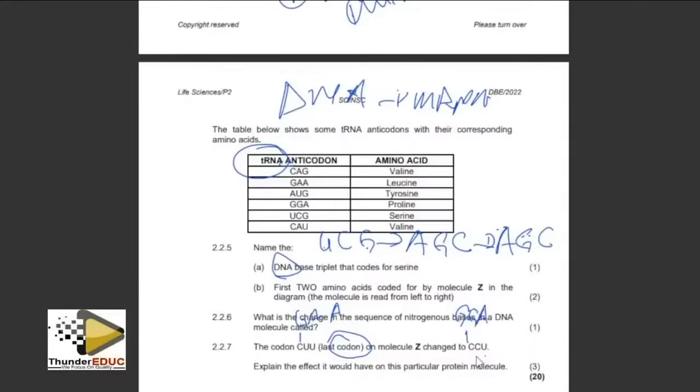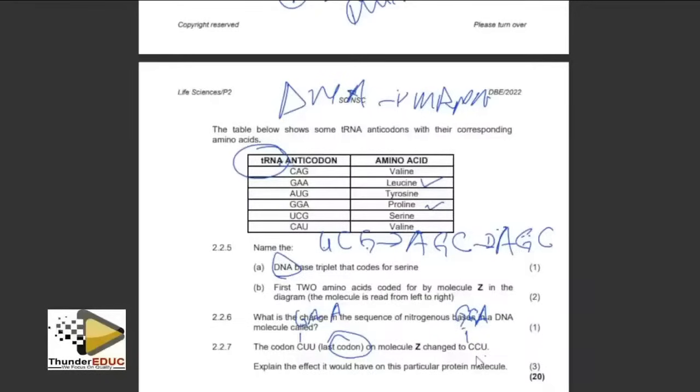GAA is leucine, like the same example I gave. CCU is GGA. GGA is proline. So you write that this codes for leucine and this codes for proline.